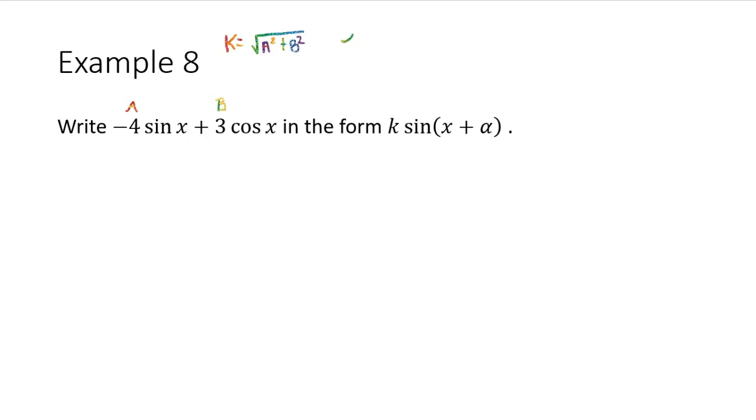And our angle alpha is going to be the place where the cosine is a over k and the sine is b over k.